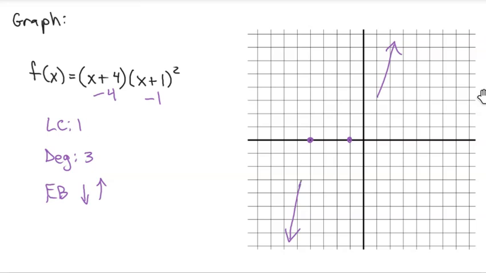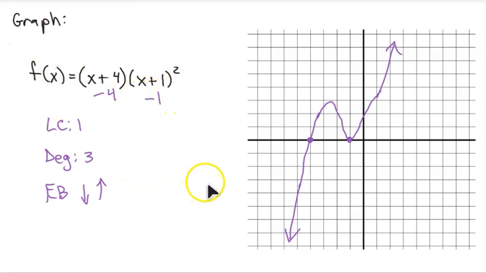Since -4 has a multiplicity of 1, it's going to cross right over. And since x plus 1 has an even multiplicity, the graph is going to touch and turn back. And then it's going to connect here. And this is approximately what the graph of f of x is going to look like.